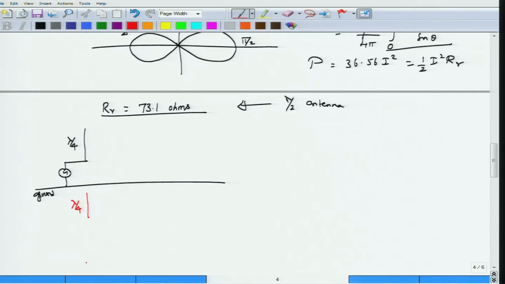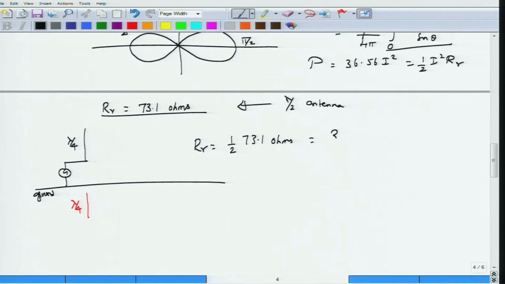Okay. Now, the characteristics would not change, and whatever you have obtained from a lambda by 2 dipole antenna, you have essentially obtained from a lambda by 4 antenna. Okay. The only catch here is that the radiation resistance of this antenna is actually half of the radiation resistance of the other lambda by 2 antenna.